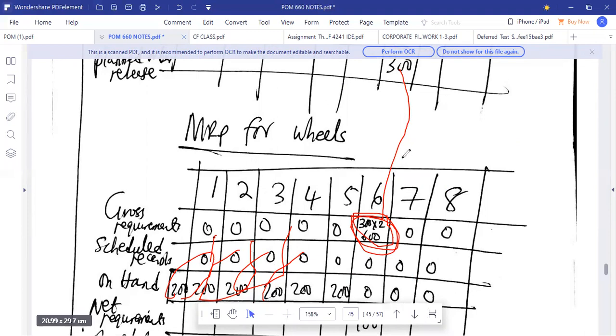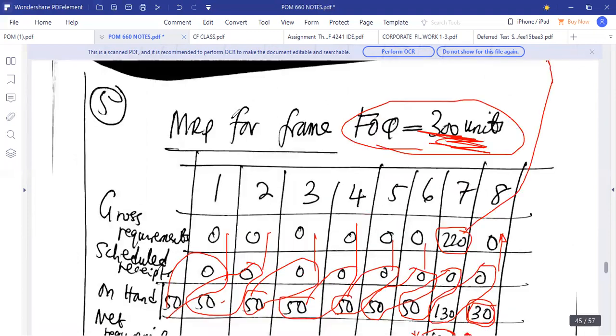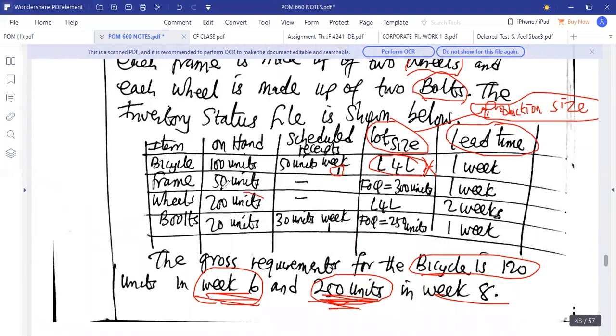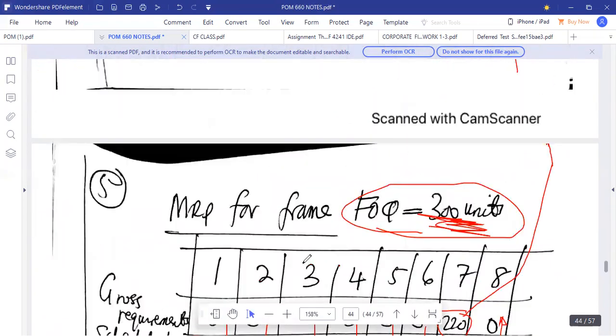Then you check for the on hand. For the wheels, on hand is 200 units, so you put a 200 here.